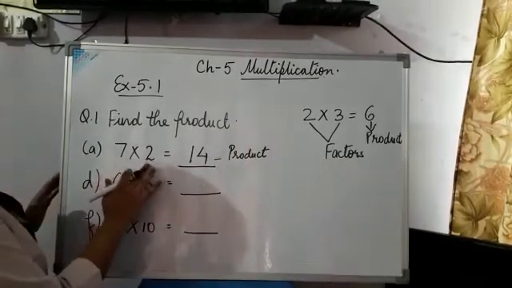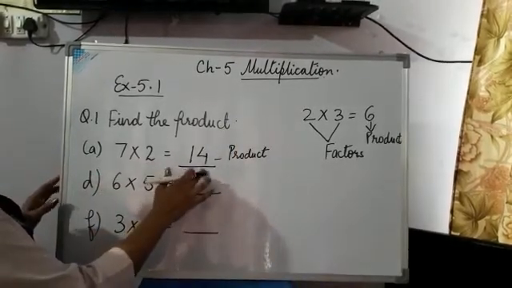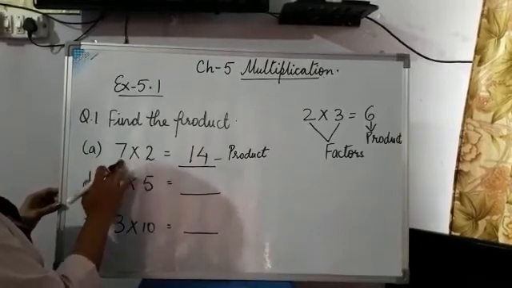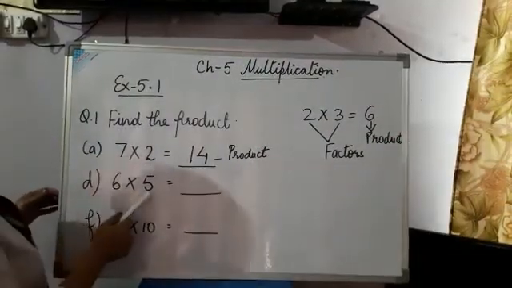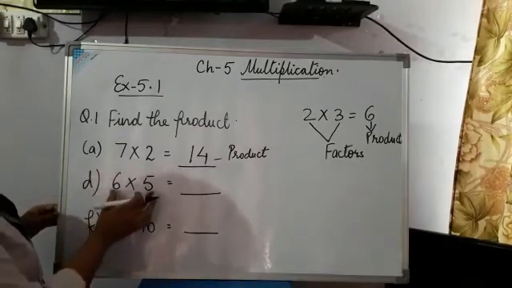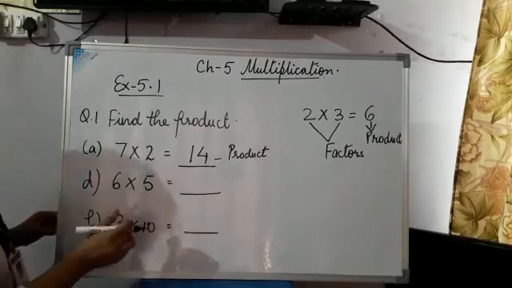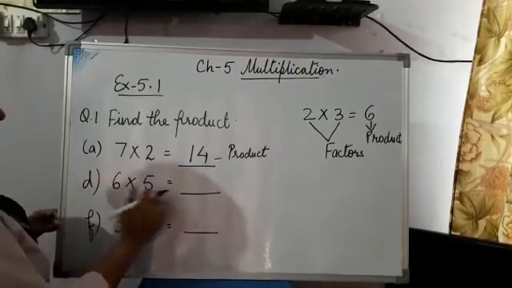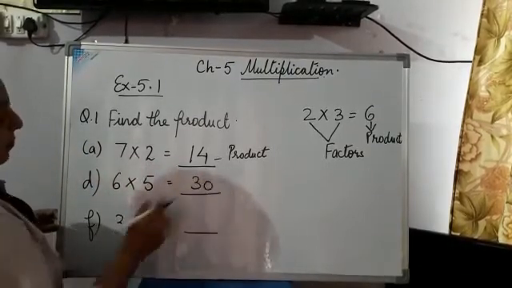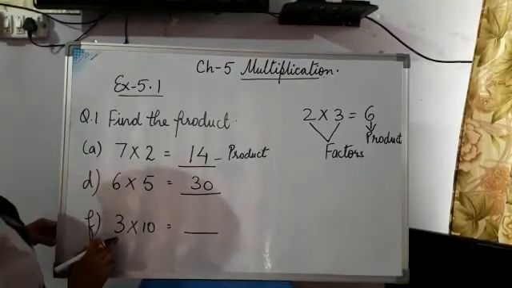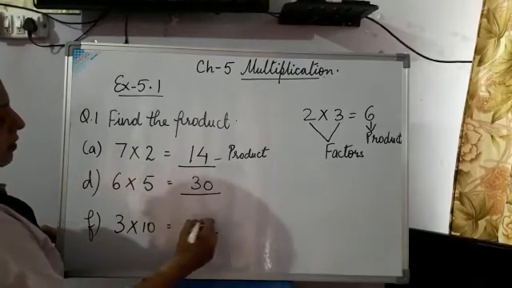Whether 7 twos are 14, even 2 sevens are also 14. The other sum says 6 multiplied with 5. These two factors 6 and 5 when multiplied together, what do you get? 6 fives are 30. Next, part f says 3 tens are 30.